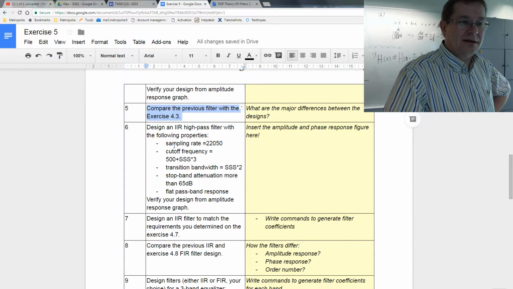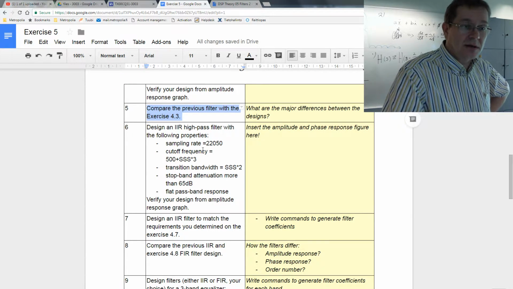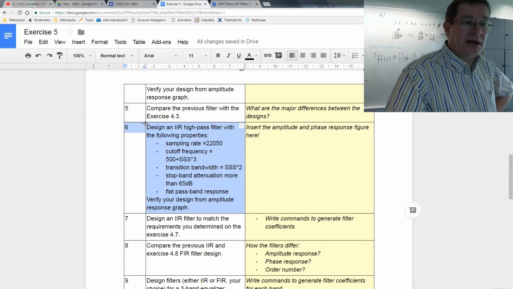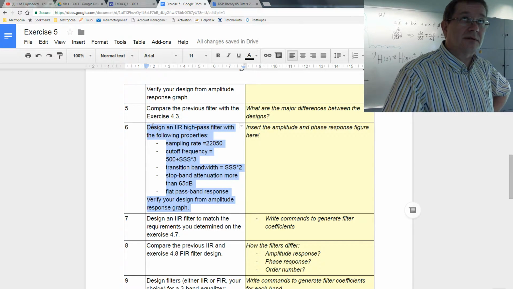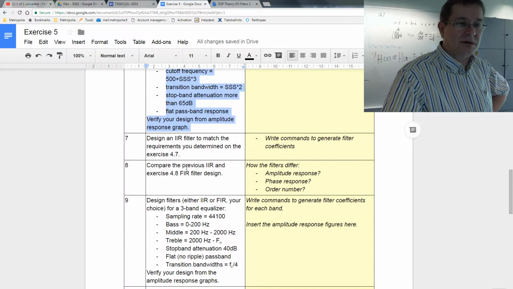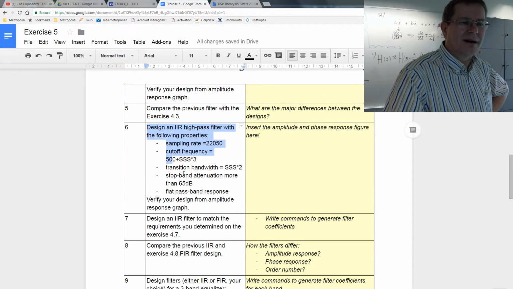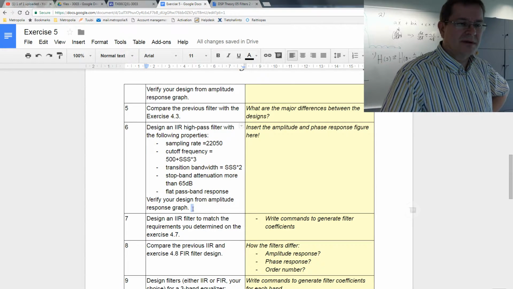First try to parameterize your filter properties based on the FIR exercise, and then design an IIR high pass filter with basically the same properties.